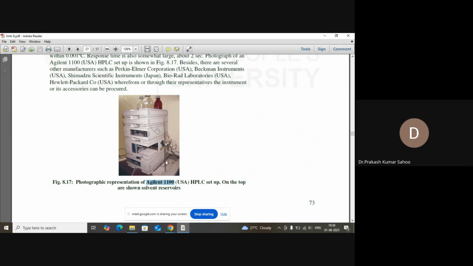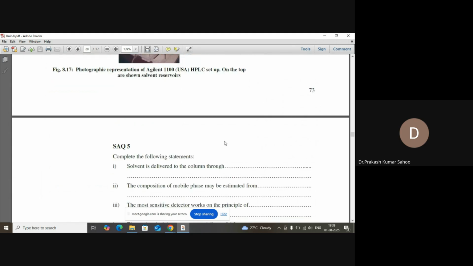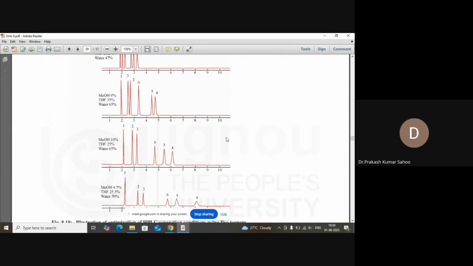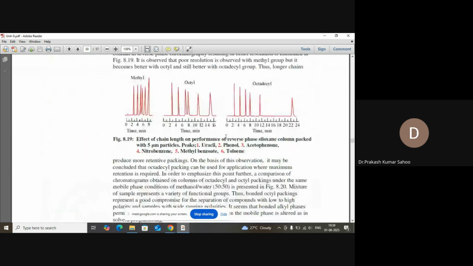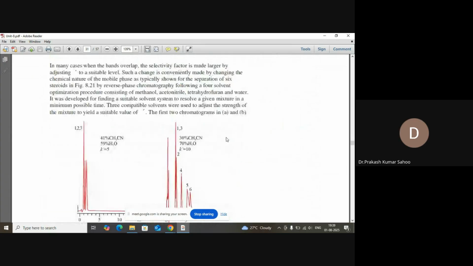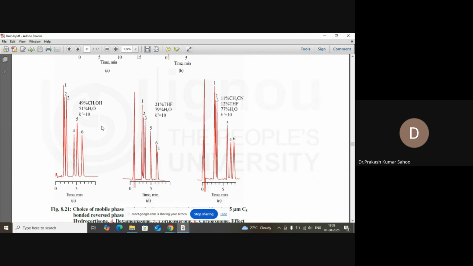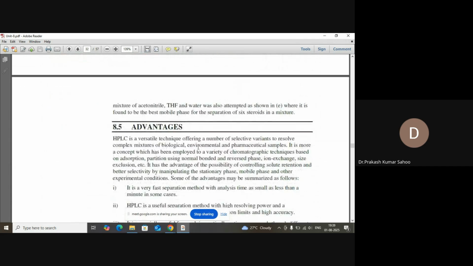They supply LCMS, GCMS, HPLC machines, and we have the optimization of separation. Then this is the example of different samples with different solvents or the eluents.